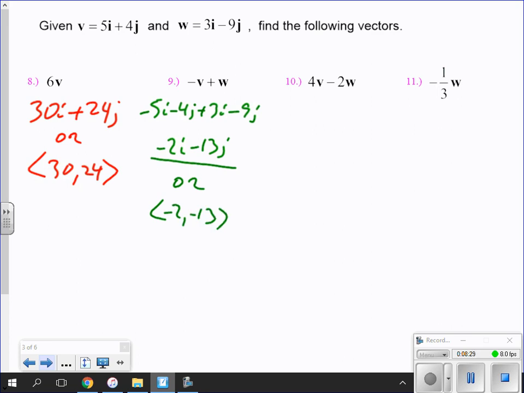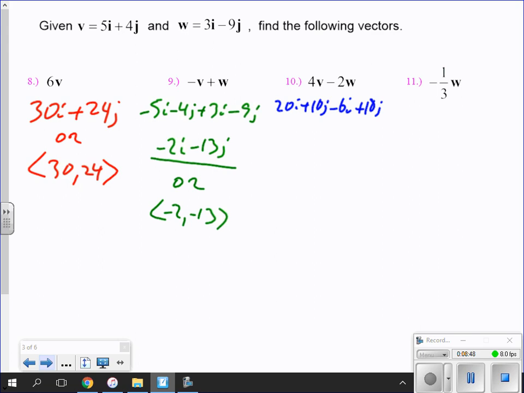Same thing on this one, only I'm multiplying times 4 first. So that would be 20i plus 16j, minus 2w, which would be minus 6i plus 18j.